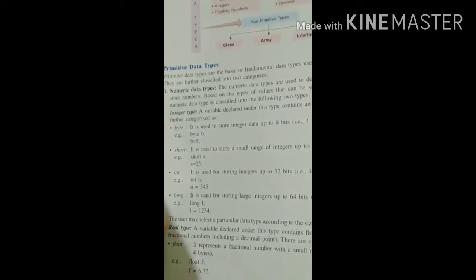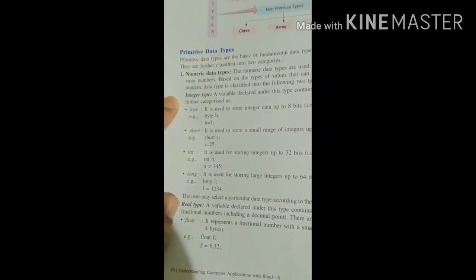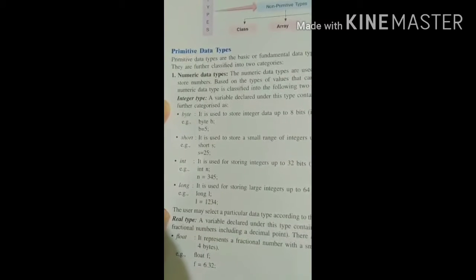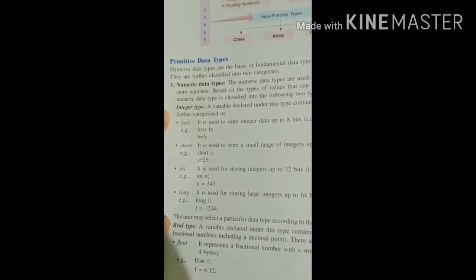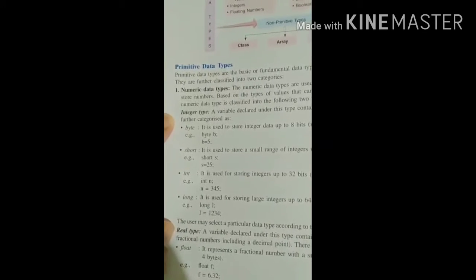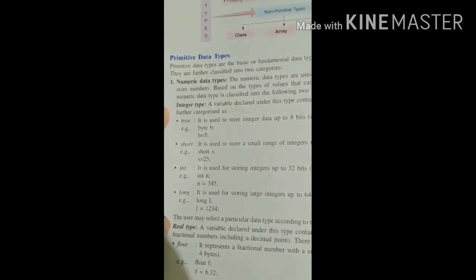And short integer type: suppose you want to write small numbers, then you use short int before the variable. It means you will not give a large number. Int n equal to 345.